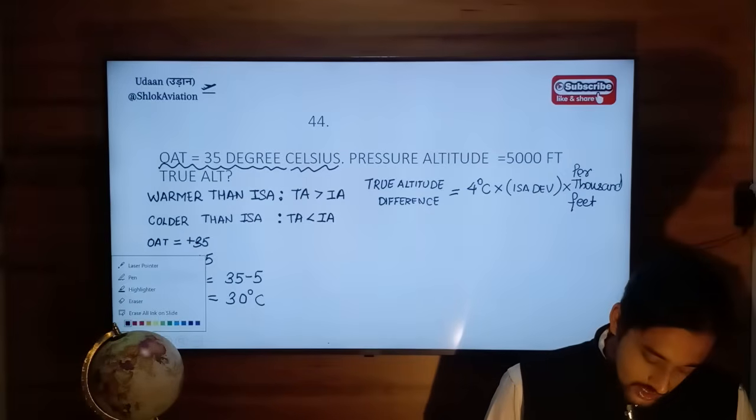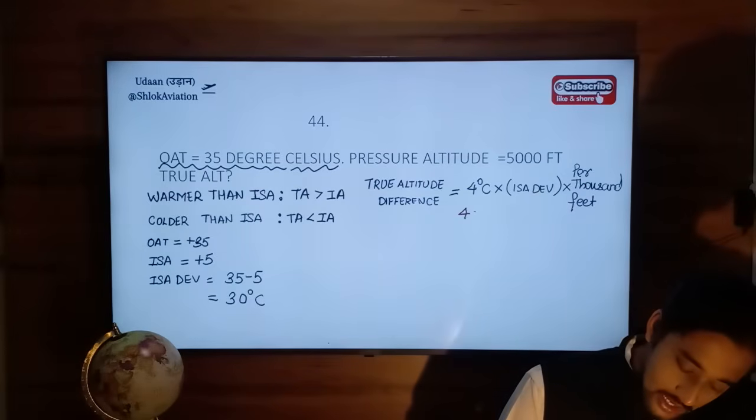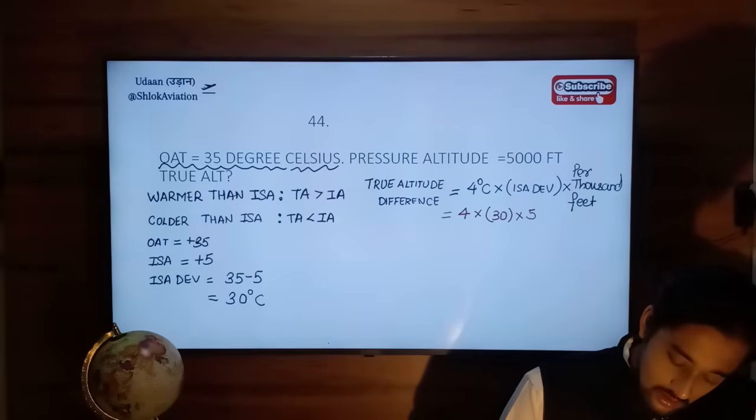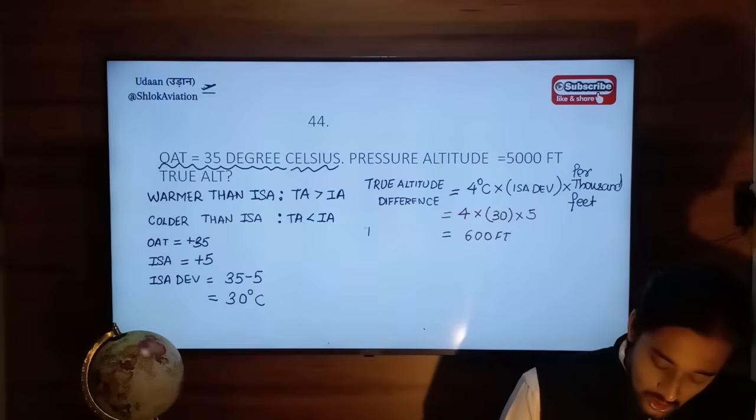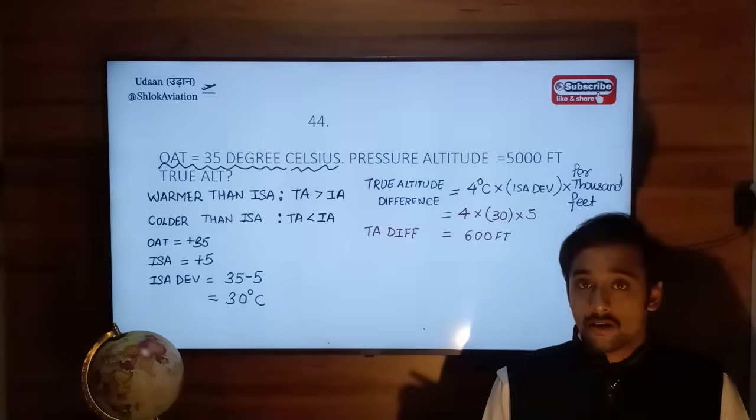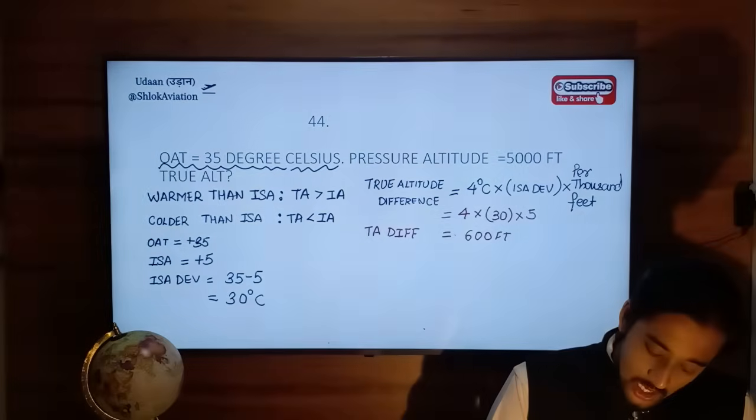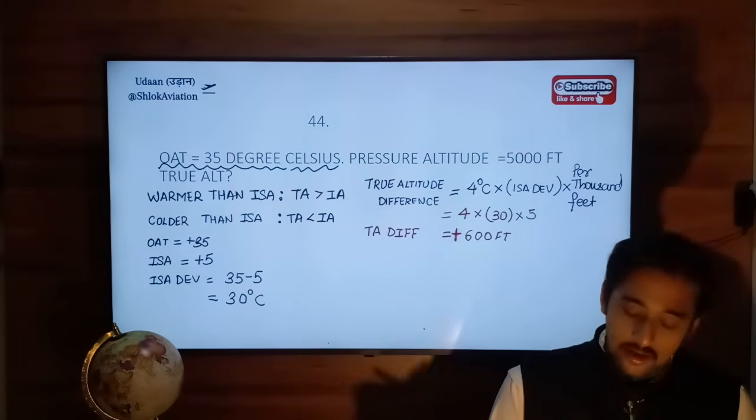Let's substitute the values. 4 into 30 into 5, which is 600 feet. So that is the true altitude difference. So difference is how much? Plus 600 feet.